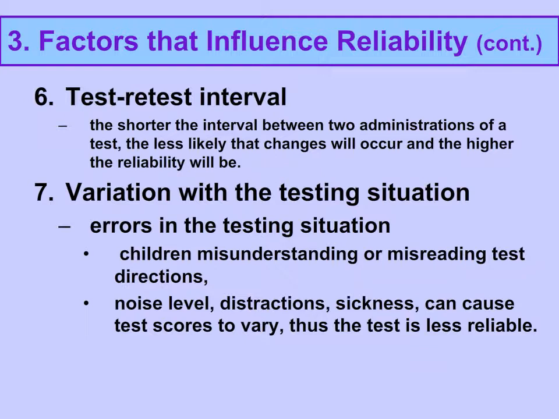If we wait too long, let's say a month, the students have learned new things and changed in that time frame. Therefore, the results of each administration are influenced by the interval. Variation within the testing situation or environment is easily understood. It's the one reason teachers must remove everything from the walls and bulletin boards on state testing day.